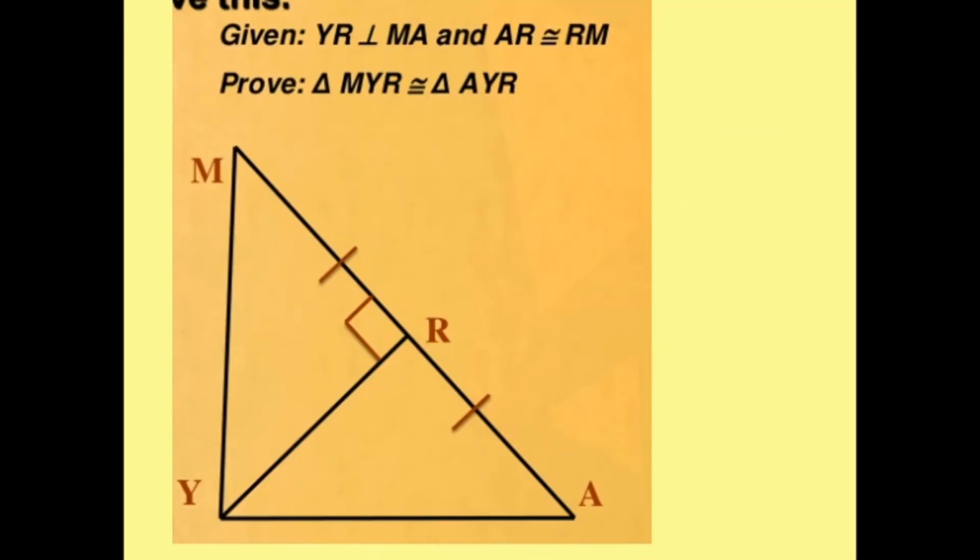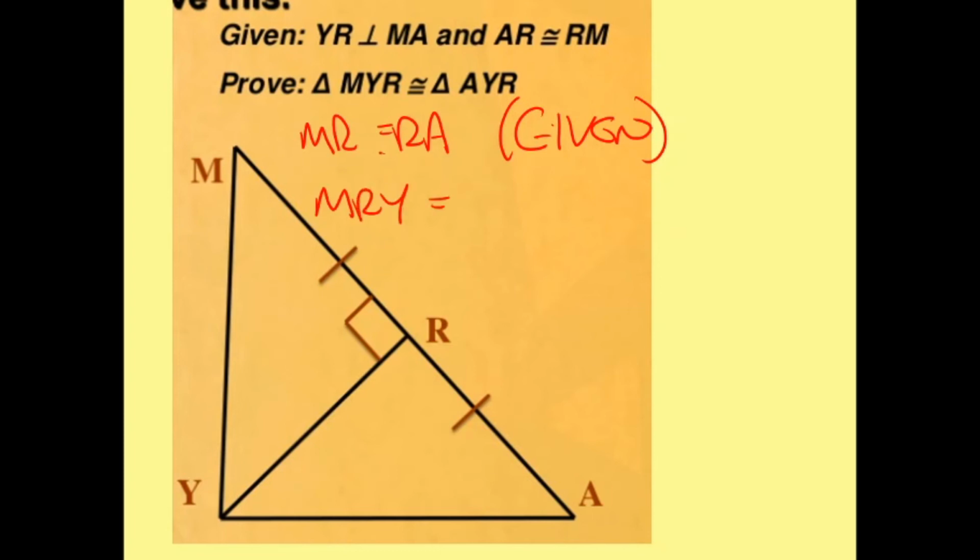Okay, so I need to prove that MYR is congruent to AYR. Right, so I would say that MR equals RA is given. I'll then say that MRY has got to equal YRA, because MRY is 90 degrees, and I'm going to say MRA is a straight line.